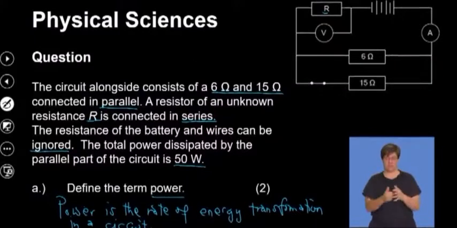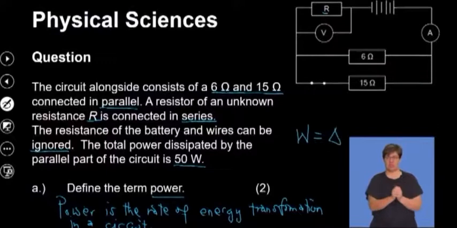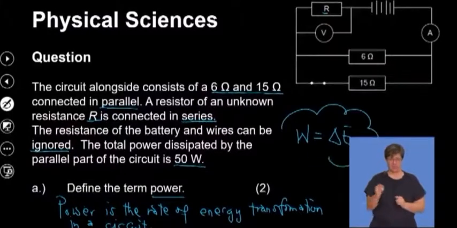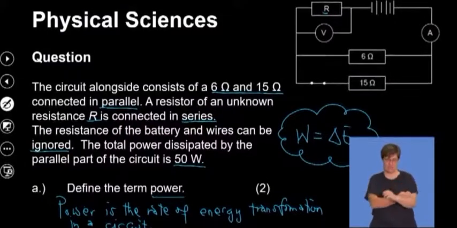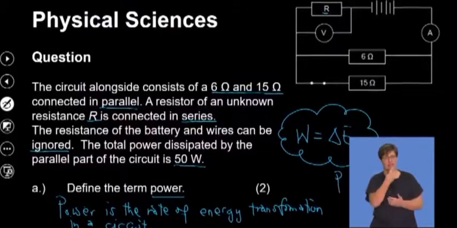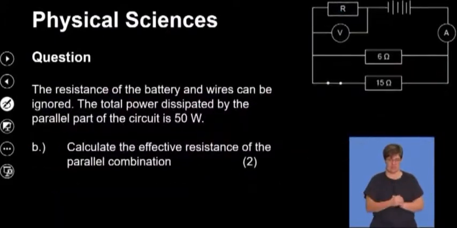And then we also go on and say work is equal to change in energy. So work is energy, energy is work. So this is the main concept regarding work and energy. But again, we say that P is equal to W over delta T. Now, the resistance of the battery is ignored.